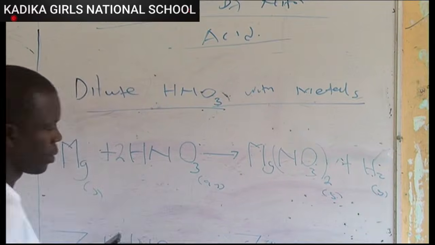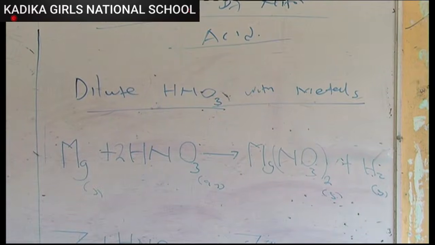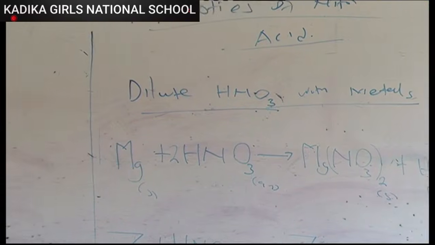And that reaction leads to formation of water but not hydrogen gas, because nitric 5 acid is a strong oxidizing agent. So the hydrogen gas produced with the less reactive metal will be readily oxidized to water, leading to the formation of the equation as stated.